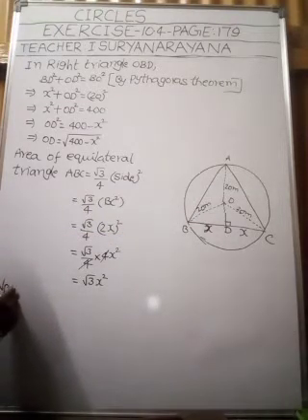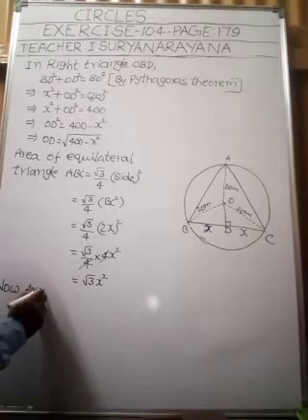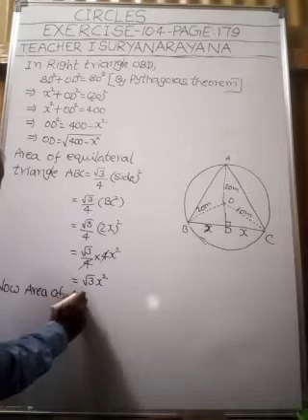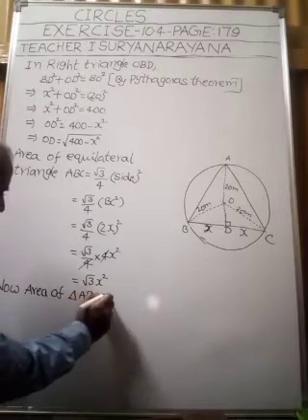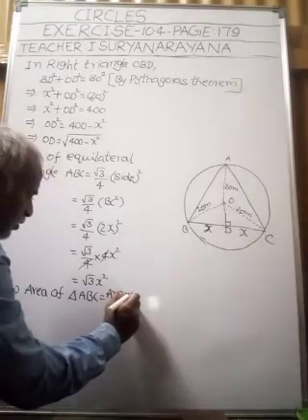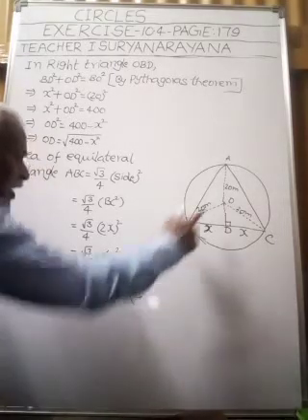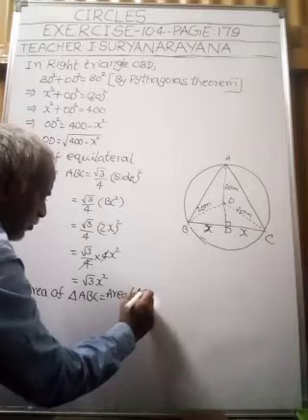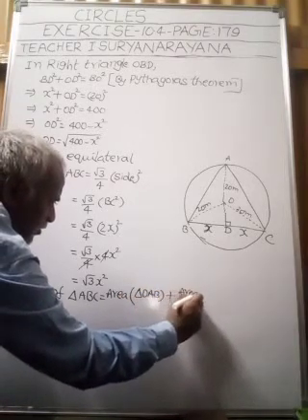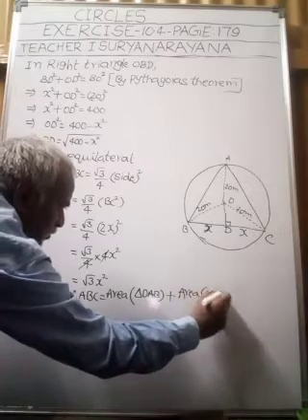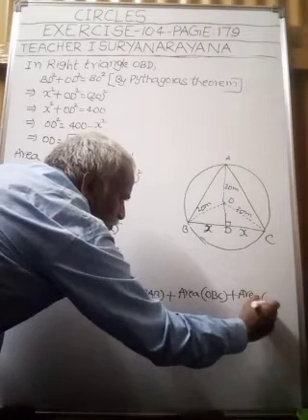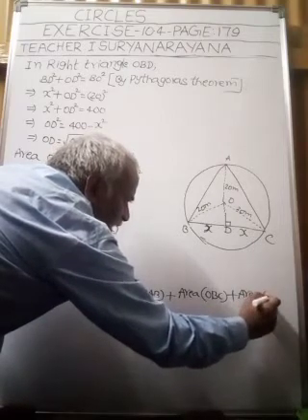Now, area of triangle ABC is equal to area of triangle OAB plus area of triangle OBC plus area of triangle OCA.